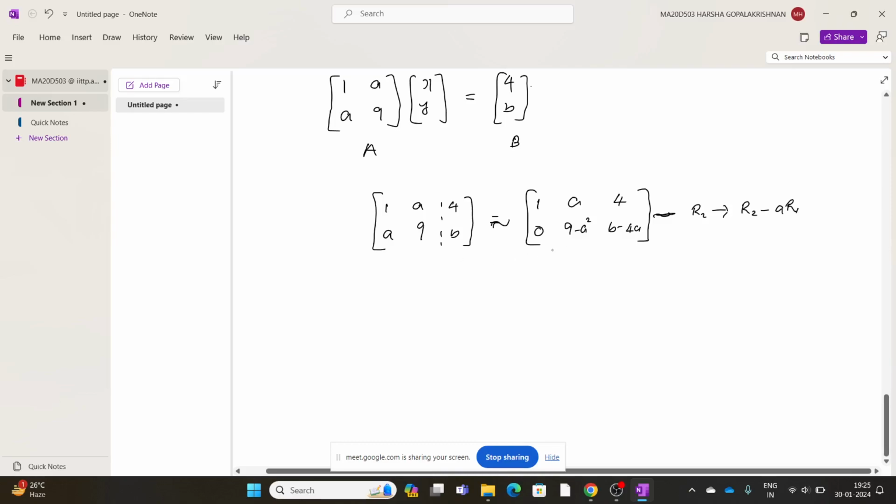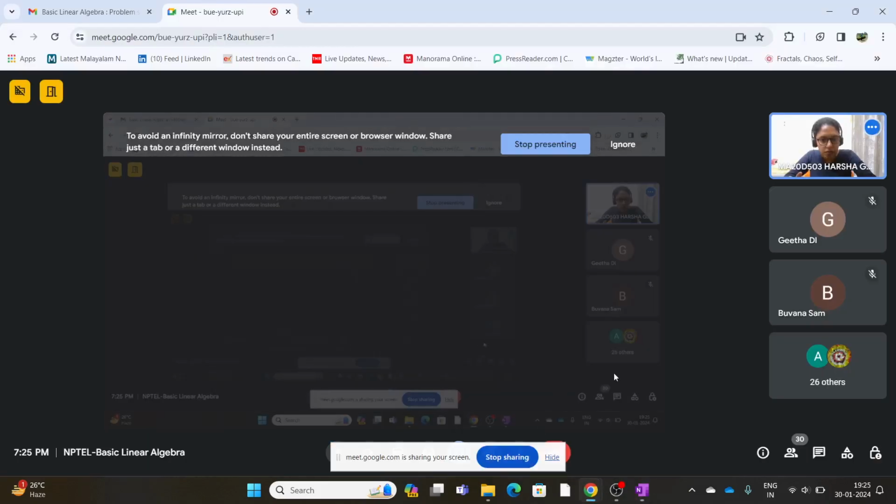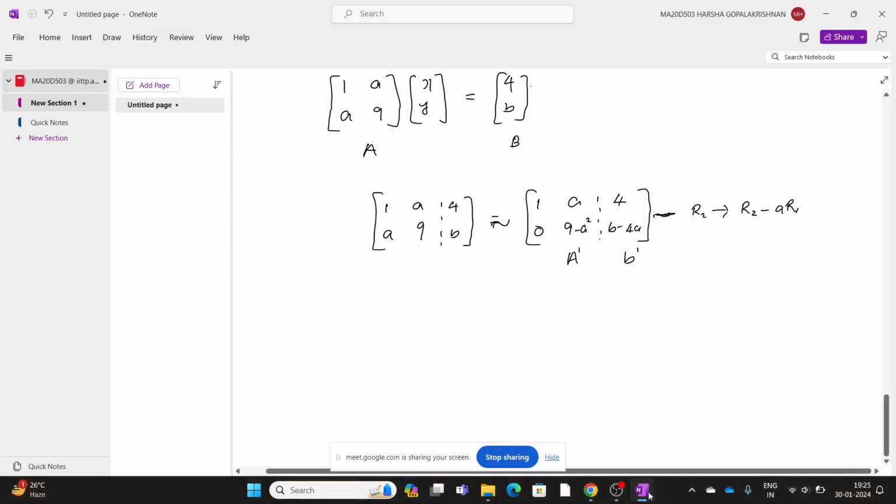Any answer? So as I told, this is the A dash matrix and B dash matrix.